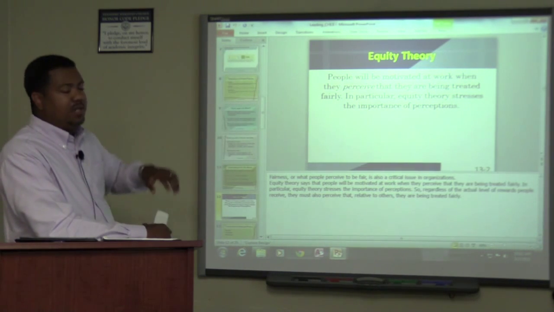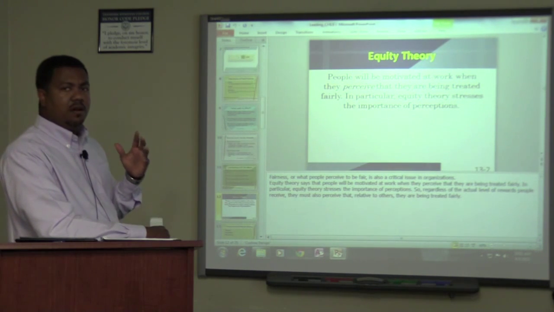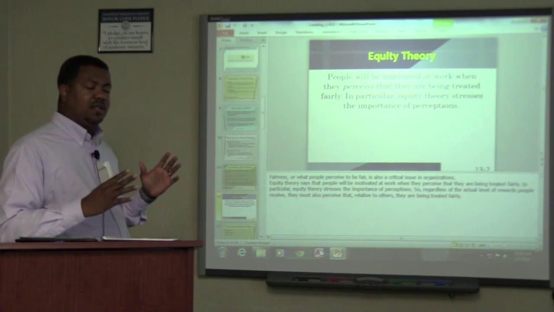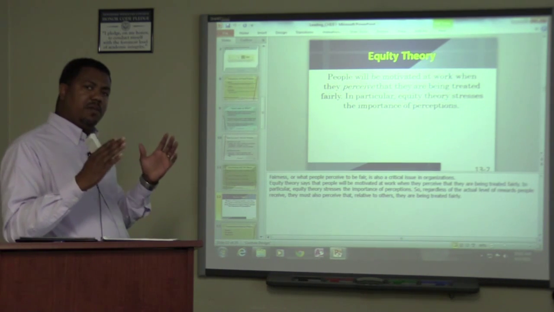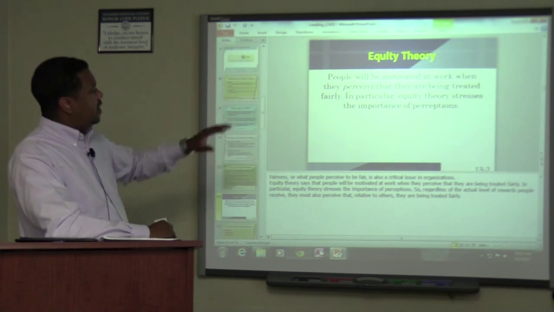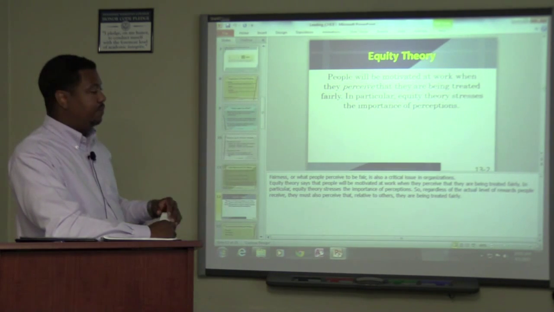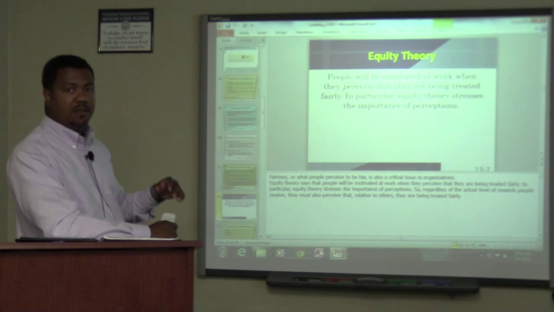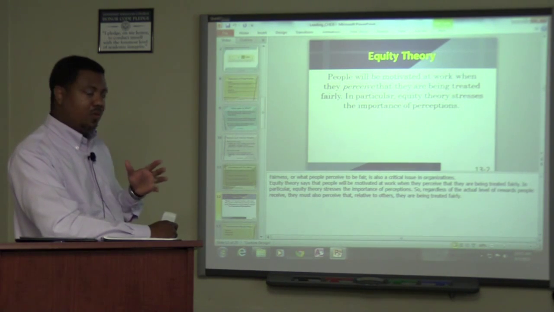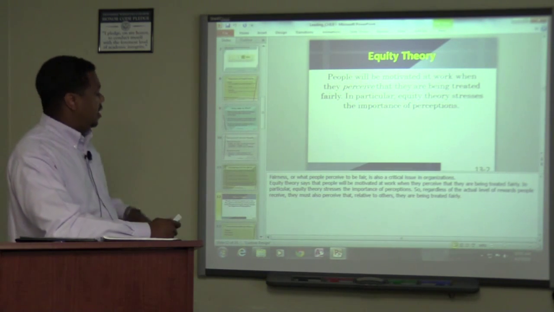So we look at this particular theory and understand that each individual has a different perception about how they view the world. They have certain predispositions that can change their overall reflection about how they actually interpret information in reality. So their ability to see what is being fairly treated as far as their co-workers, how they're being promoted, how they're being compensated, how they're being rewarded, can affect their overall ability to be motivated within the organization. So that anchors back to equity theory.